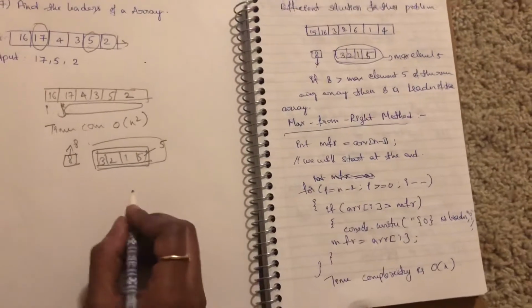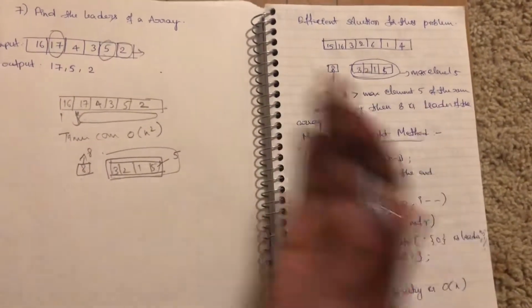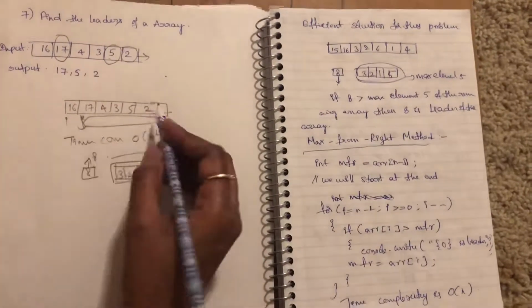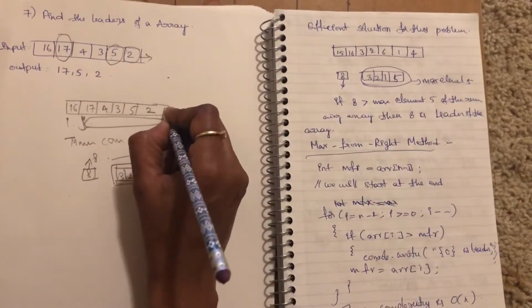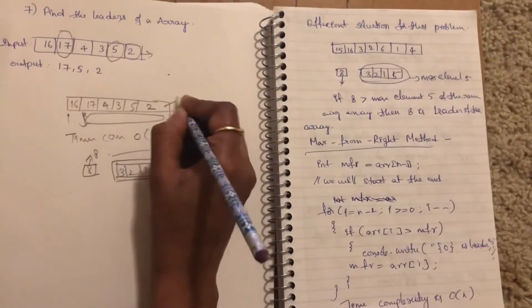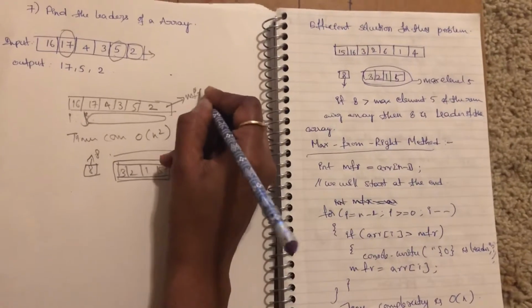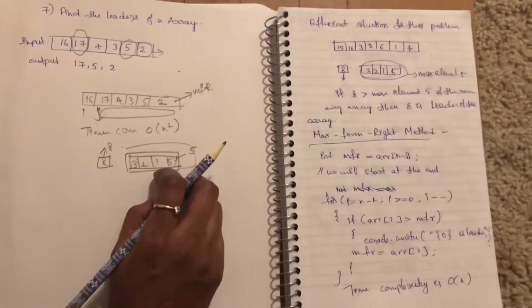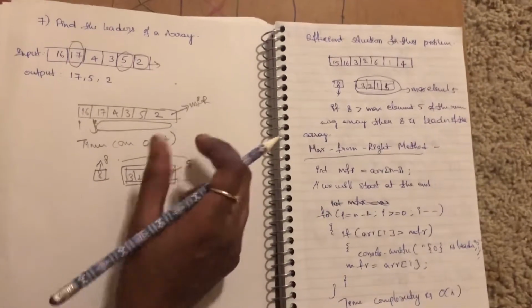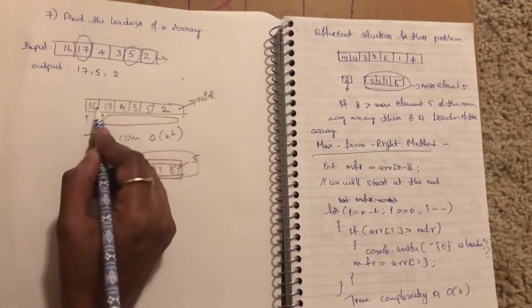What we do here is we come from the back side of the array. First we declare the n minus 1 element as the maximum from the right, which is one of the leaders of the array, and we compare this with the remaining elements.